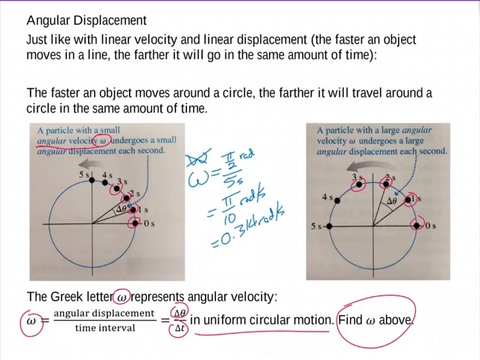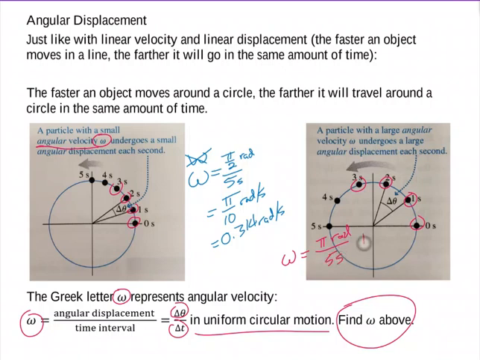Okay. Now the other one, I'll change colors so we can tell the difference. And I'm going to move over a little bit. So this would be omega equals, we went pi radians this time, in how long? 5 seconds.